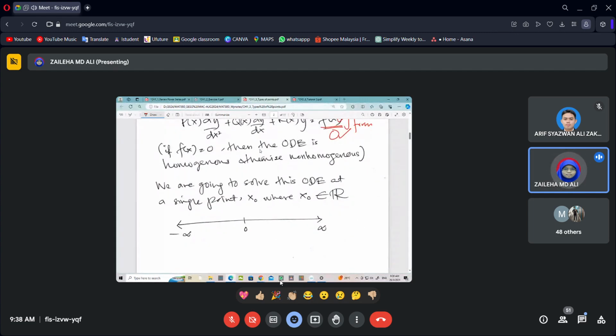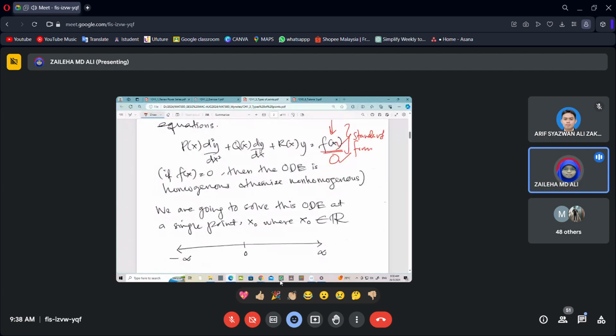We are going to solve this ODE at a single point x0 where x0 is an element of any numbers daripada real number line. Bermaksud this ODE nanti saya akan ask you to solve at x0 equals to 4.